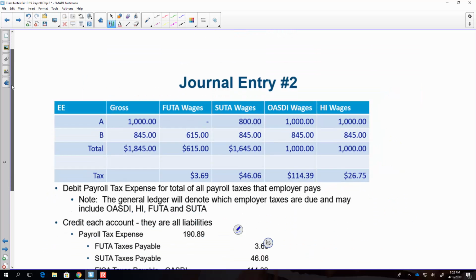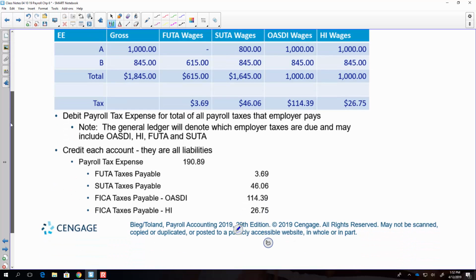The second entry is our employer taxes. So here are all the employer taxes. There's only 4. And that's Social Security, Medicare, the FUTA, which is federal unemployment, right?